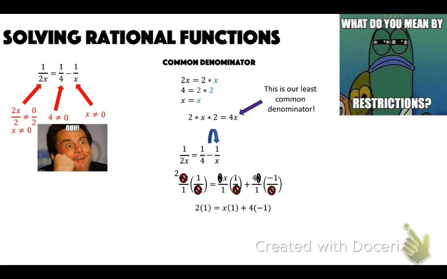But from that first part, I'm left with 2 times 1. Second part, I'm left with x times 1. And then last, I'm left with 4 times negative 1, which is negative 4. So 2 equals x minus 4, so x equals 6.